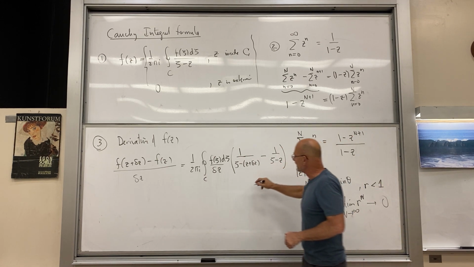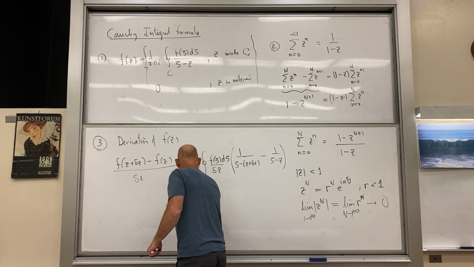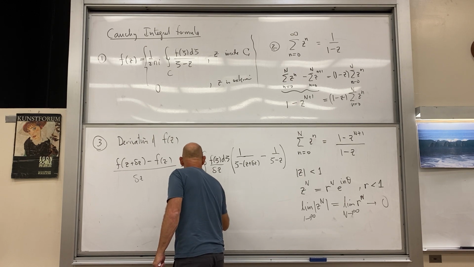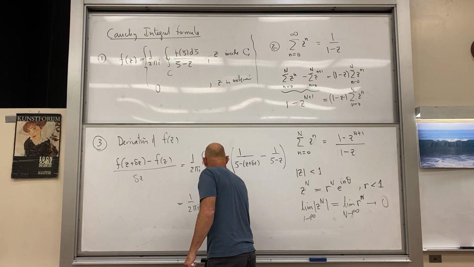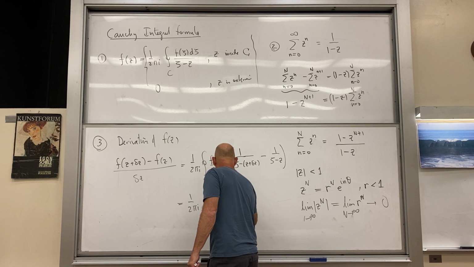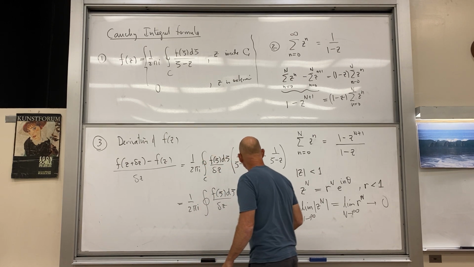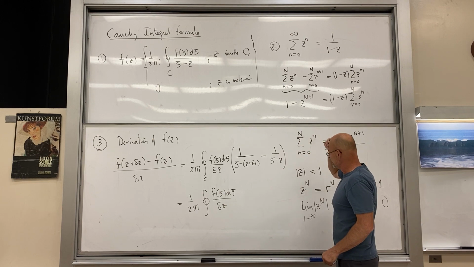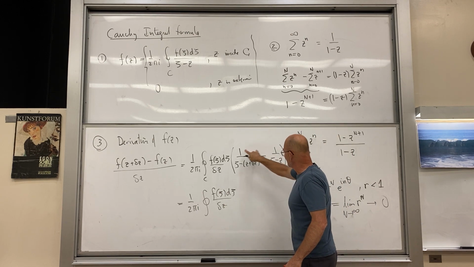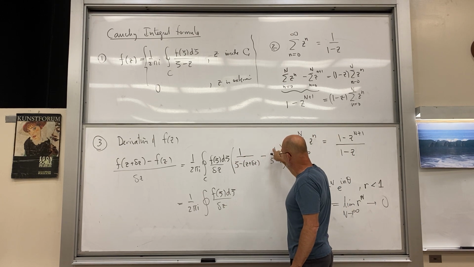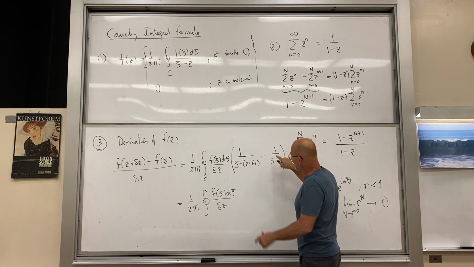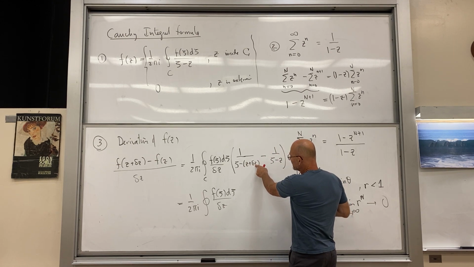Now let's simplify this expression. We've got 1 over 2 pi i integral f of zeta d zeta. There's our delta z. And here we have zeta minus z minus zeta minus z, so that cancels, and we just end up with the delta z.